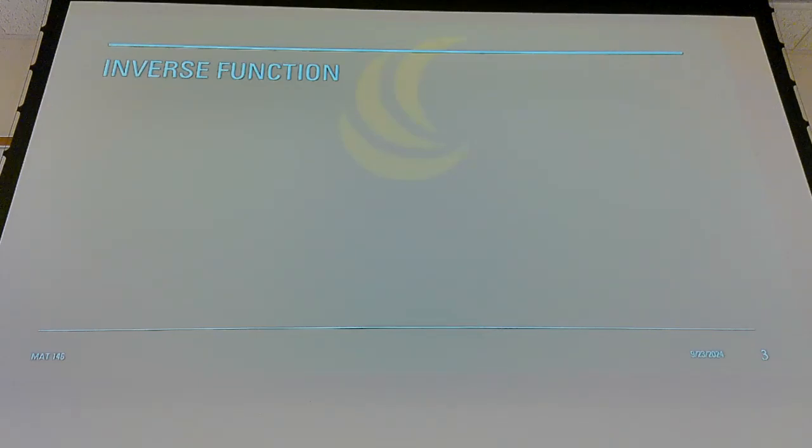Inverse function. For any one-to-one function y equals f of x, a function, let's call it f inverse, is an inverse of f if f inverse of y equals x.